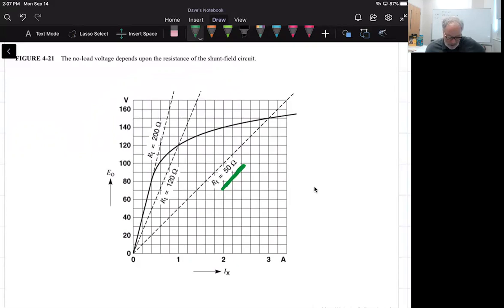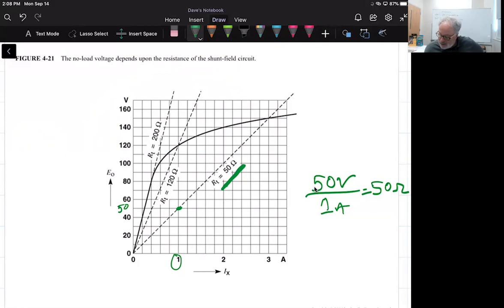Then the line corresponding to RT must pass through a coordinate point of 50 volts divided by 1 amp, which would give us 50 ohms. So where would that be on our curve? Well, here's 1 amp, and I'll follow that up here. Here's 50 volts, and that's where this curve would hit.